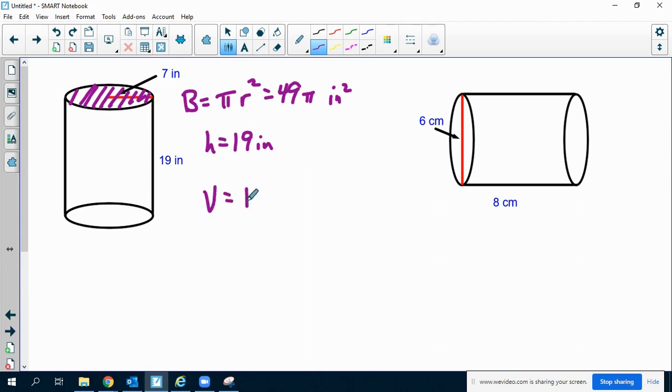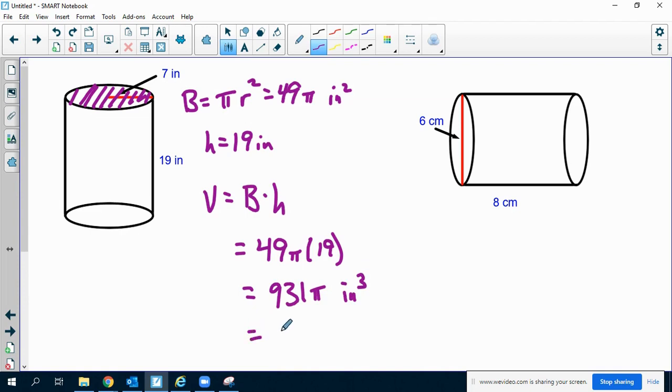So the volume is area of the base times the height, which is 49 pi times 19. So the volume is going to be 931 pi inches cubed, which if I rounded it, is about 2,924.822 inches cubed. And if I were being a little bit more technical, I would put the squiggly equal signs there.